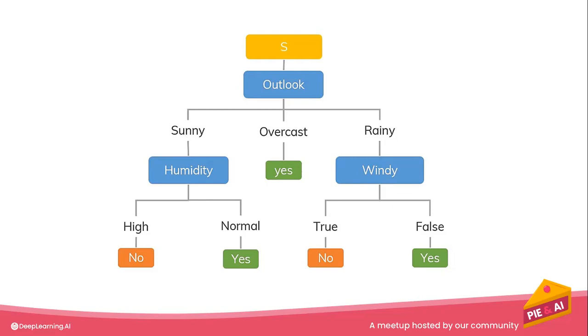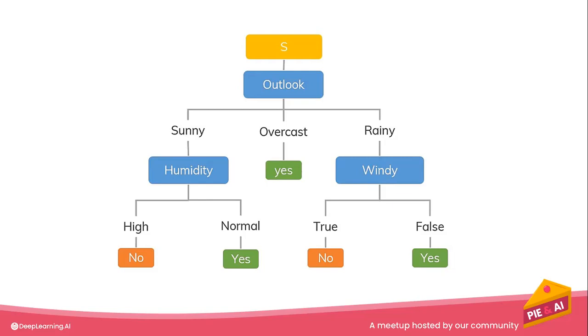It is a really simple model. We say that it represents a disjunction of conjunctions of constraints on the attribute values of instances. Each path from the tree root to a leaf corresponds to a conjunction of attribute tests, and the tree itself to a disjunction of these conjunctions.